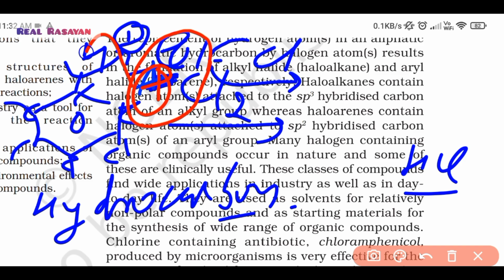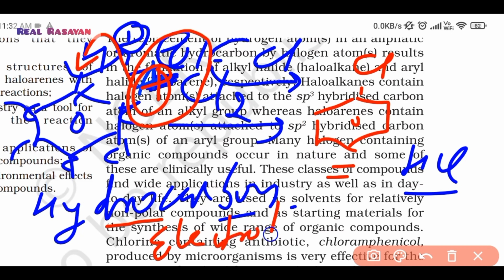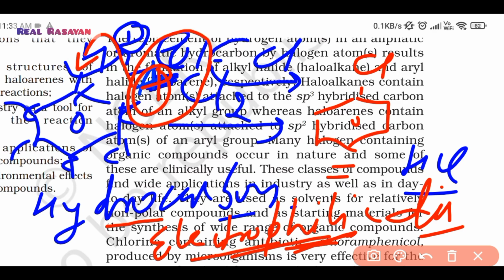This will be on the position of this displaced H positive ion. So the desired product will be chlorobenzene. Simply, here is the displacement of the electrophile. So this displacement is the electrophilic displacement or electrophilic substitution.